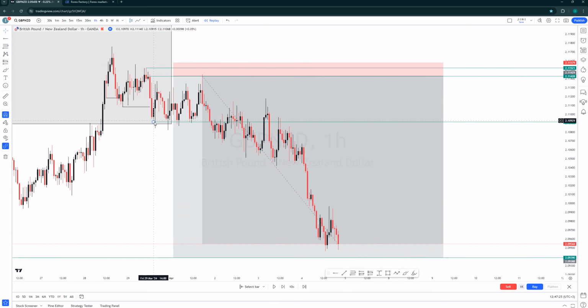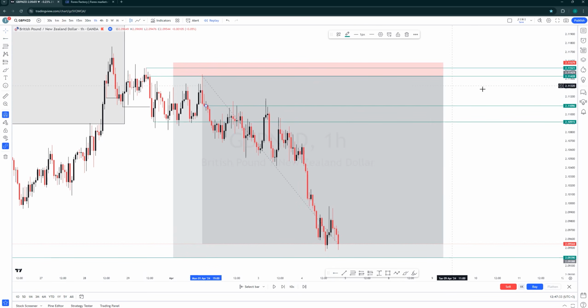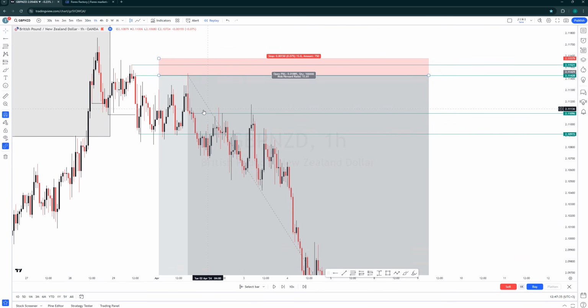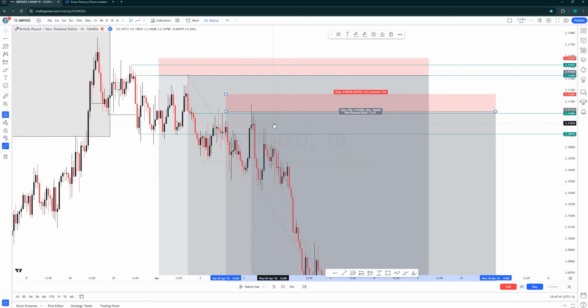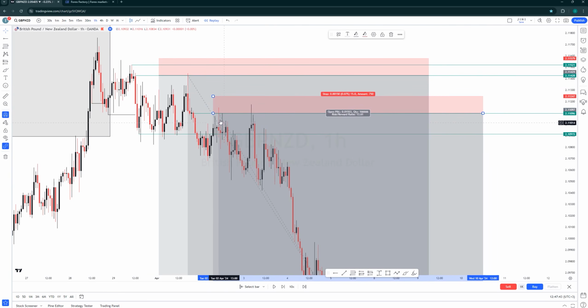As you can see, this was the break of market structure. We had this formation here, inside this point. So this was the inside formation, and you can see the price took it and sold again. So if you put your entry at this point, you can see the market took that entry.